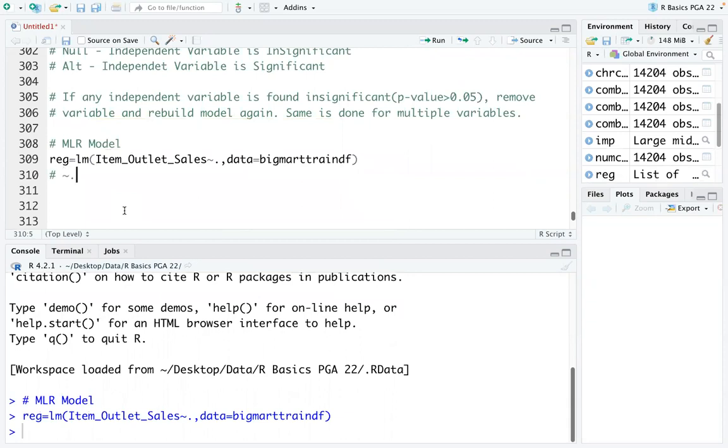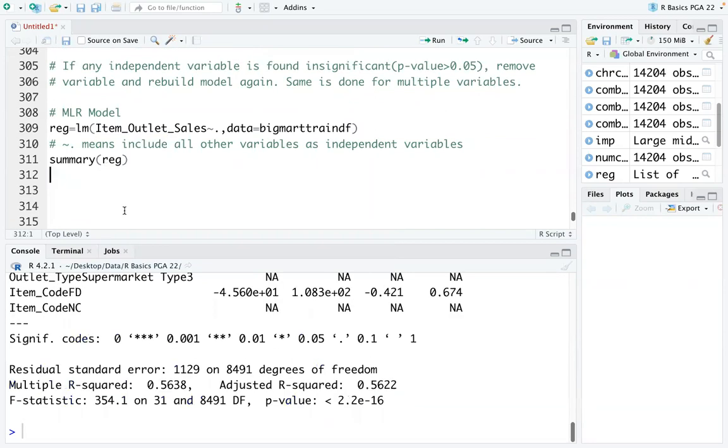Now here tilde dot means include all other variables as independent variables. Then summary(reg).